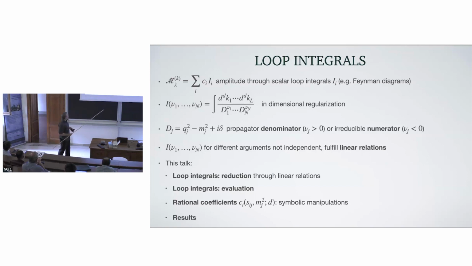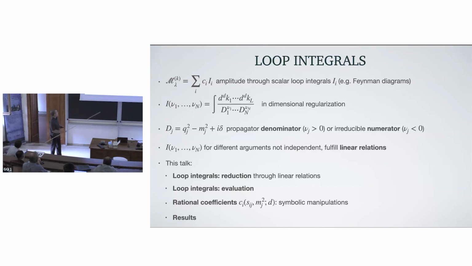In fact, almost all are linearly dependent. You have only a finite basis of basis integrals or master integrals. So you can think of these linear combinations of loop integrals as forming a linear vector space with some basis. And one of the main challenges is to reduce with respect to some chosen basis, and then, of course, to evaluate the remaining basis integrals.